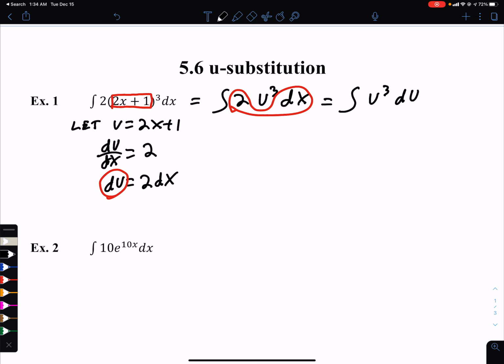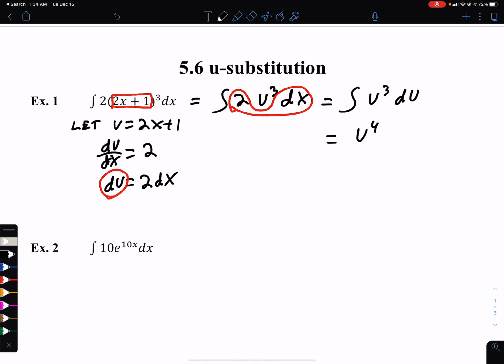So all we did by changing our definition, we defined a new variable u, and doing things that we're allowed to do, take the derivative, rewriting it du, and we notice right here that is equivalent to du, so we replace it with the du. Now we are able to integrate.